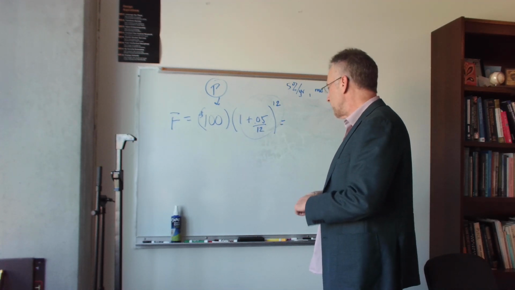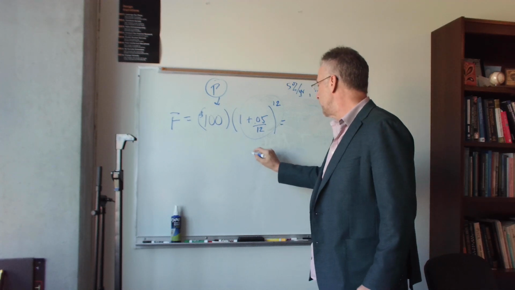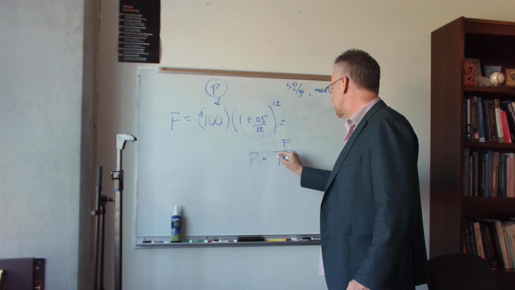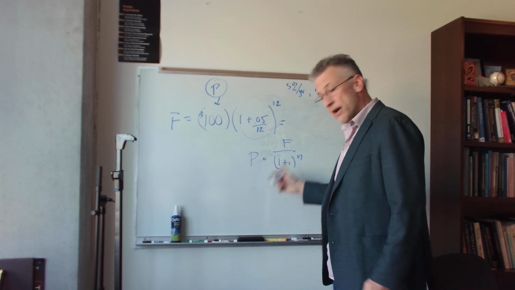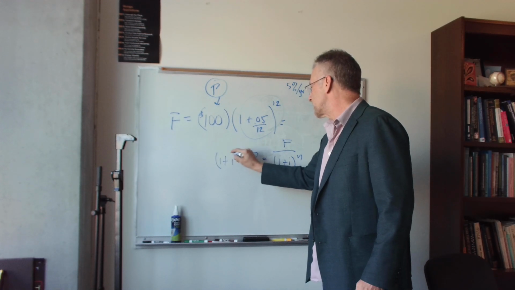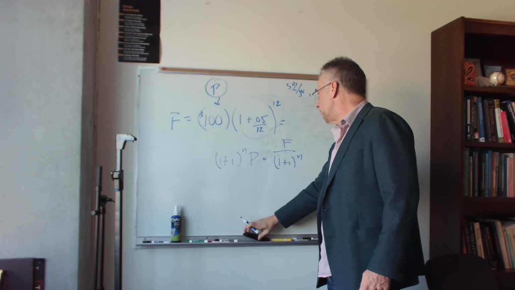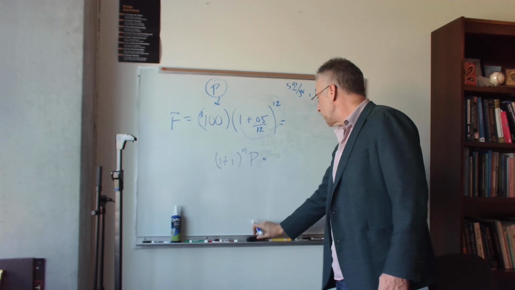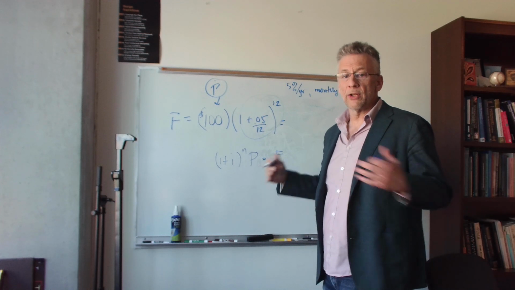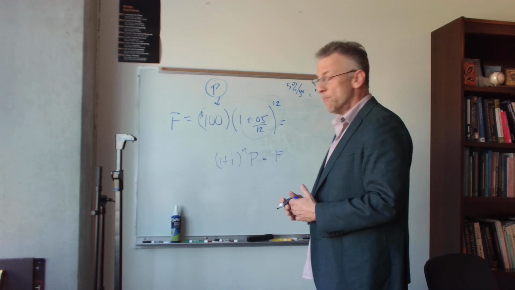in the previous month. So here, I started with P equals F over (1 plus I) to the N, and I rearranged the equation: (1 plus I) to the N multiplied by P also equals F. What we're doing is looking forward in time.